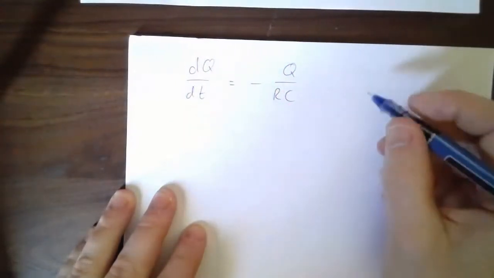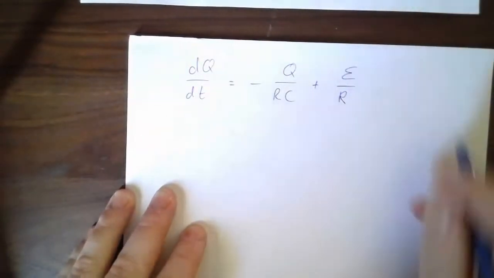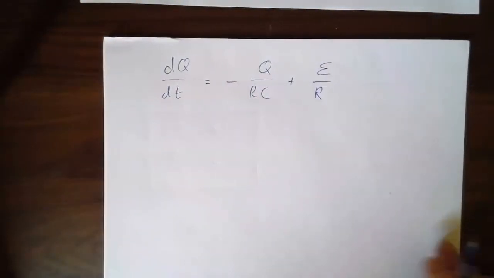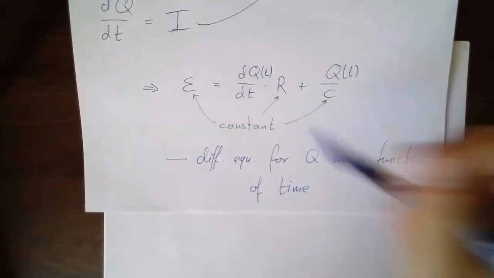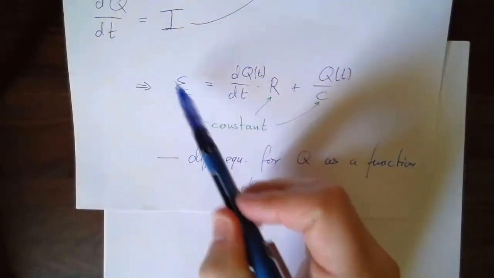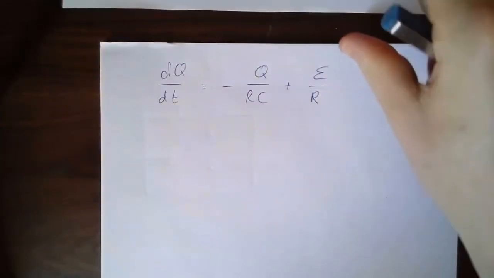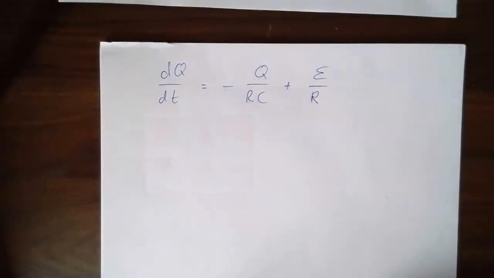It's kind of what we had before, but then there's an extra term, this. I just took this equation, divided by R, and reshuffled the terms. Essentially, I brought this over and took this one to the other side. So we ended up with this.